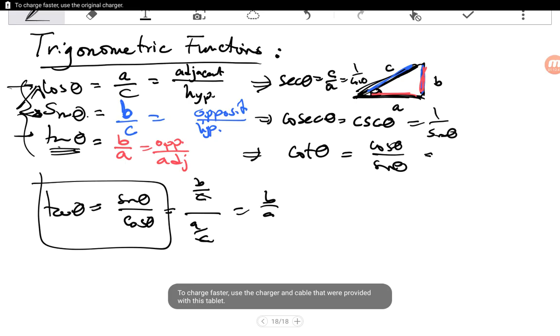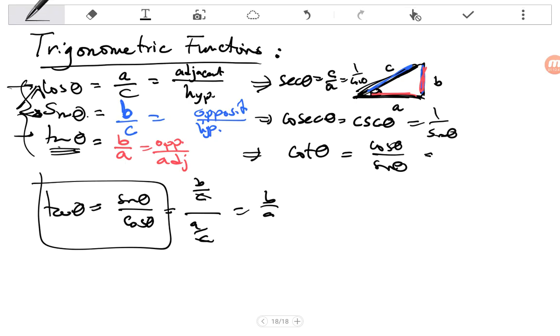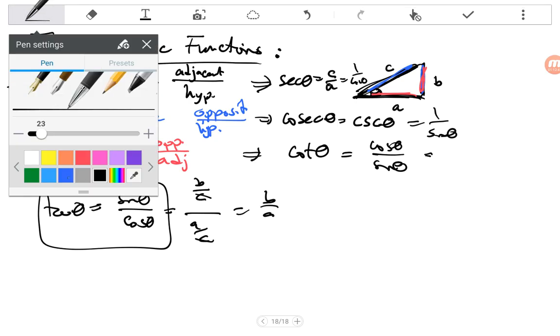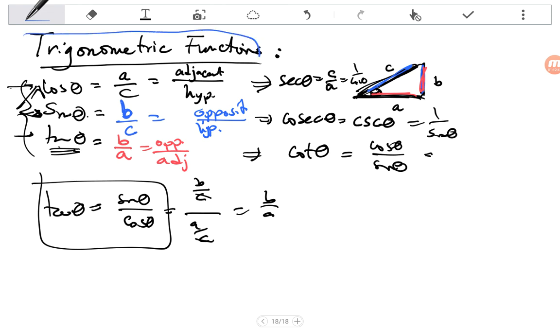Now, we have another terminology for trigonometric functions. They are sometimes called circular functions. Why do we have that other name?